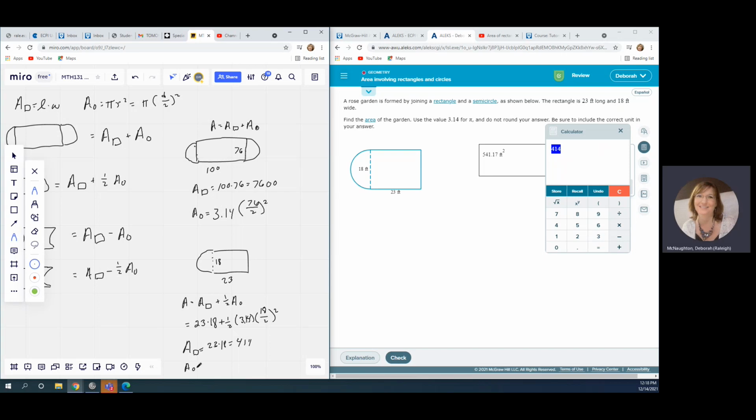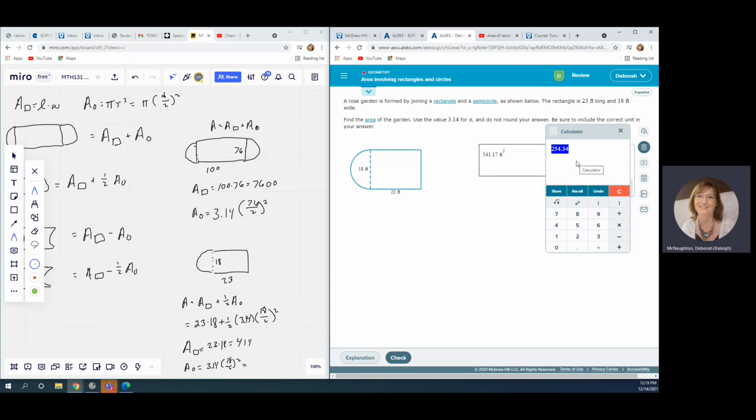And then I could do my area of my circle, which is 3.14, oops, the diameter was 18, times 18 divided by 2 squared.